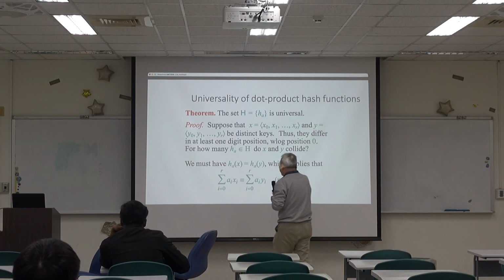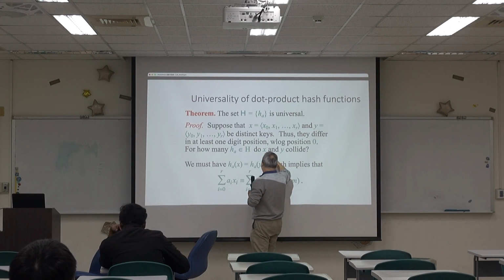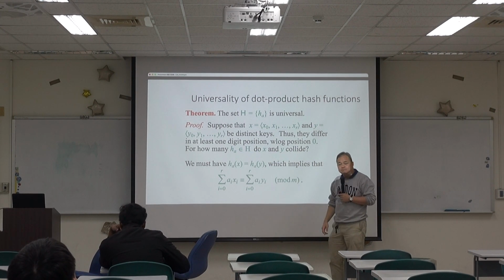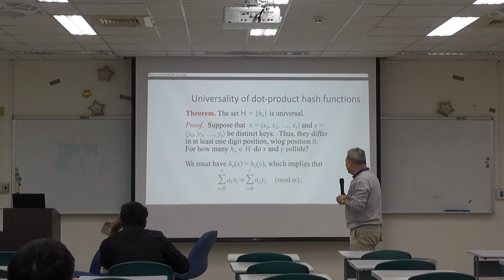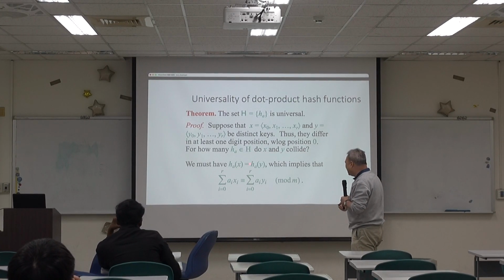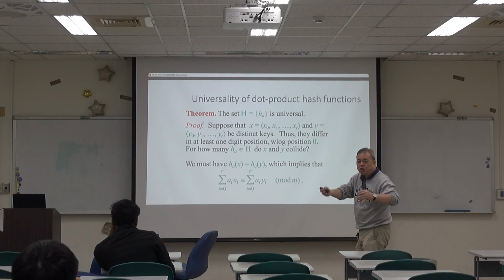So for how many h_a in this capital H do x and y collide? For them to collide, we know h_a(x) has to be the same as h_a(y), right? That's the collision definition.